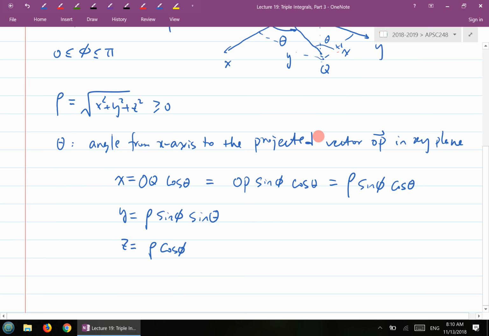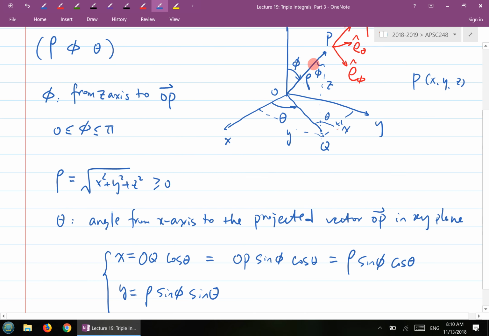Altogether, these three establish the connection between the Cartesian coordinates and the spherical coordinates. This will be part of the formula. You can remember this formula, but if you forgot, this is a way you can derive the relation between x, y, z and rho, phi, theta.